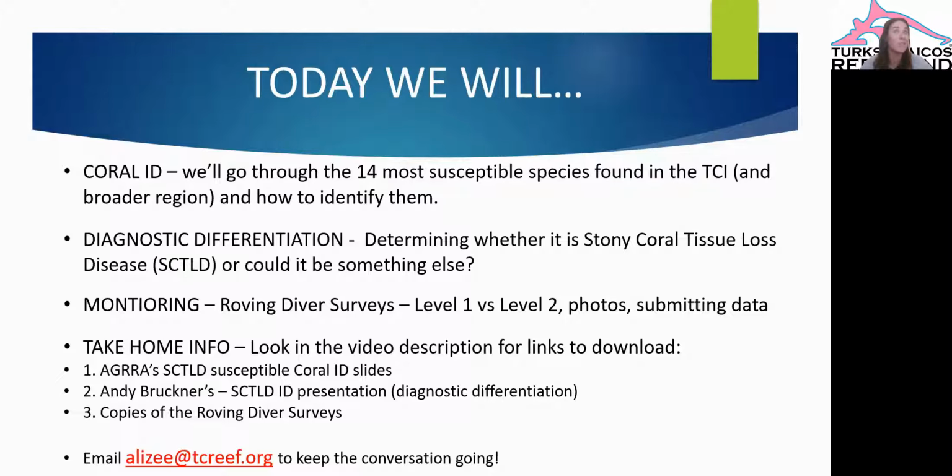For example, roving diver surveys, which are a way for citizen scientists who engage in observer training such as this one, to then go out and collect meaningful data on the reefs. And of course, there will be some take-home information for you. So please look in the video descriptions for the links.